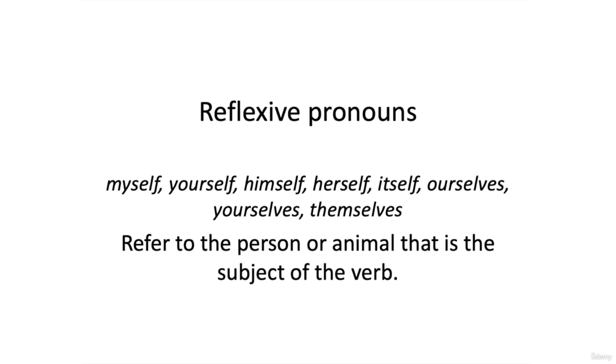Great job! We finished with the review. Now let's begin today's lesson with reflexive pronouns. The reflexive pronouns are myself, yourself, himself, herself, itself, ourselves, yourselves, themselves, and they refer to the person or animal that is the subject of a verb.